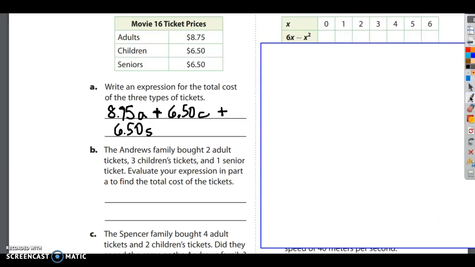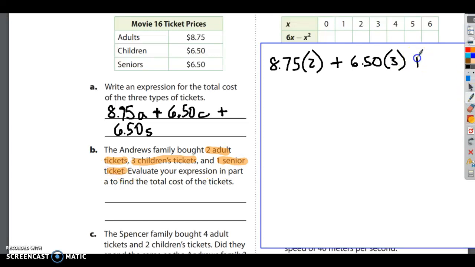So there's 2 adult tickets. So I'm going to do 8.75 times 2. And then I'm going to add that to the 3 children's tickets. And so the children's tickets are $6.50. And there's 1 senior ticket.